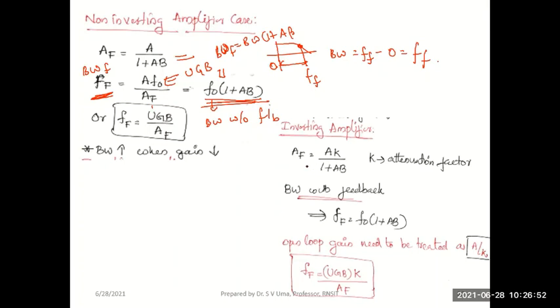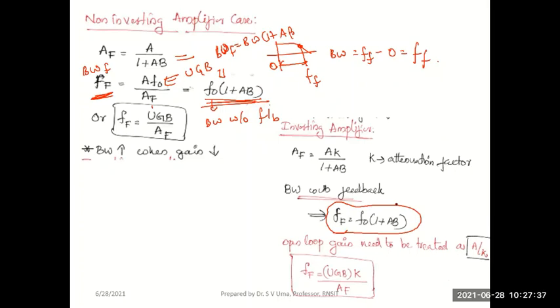So you can see that it's the same equation but just with an additional multiplication factor of K. Therefore, bandwidth with feedback is equal to bandwidth without feedback into 1 plus A beta. Either of the cases, whether it is non-inverting or inverting, the bandwidth with feedback is always bandwidth without feedback into the factor 1 plus A beta. Please remember that. So it's a clear-cut case telling that the bandwidth increases whenever we apply negative feedback in the circuit.